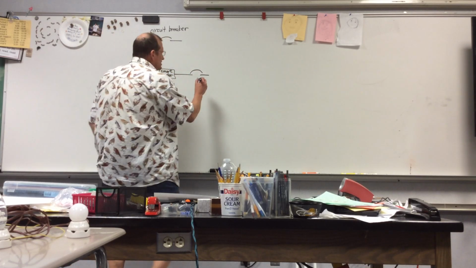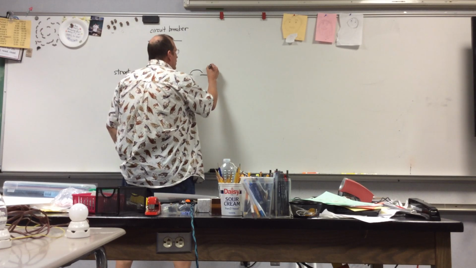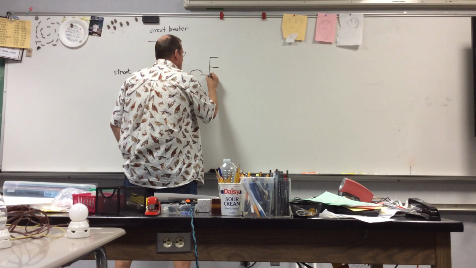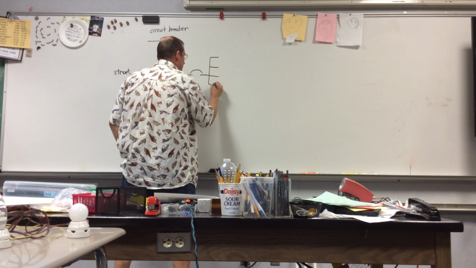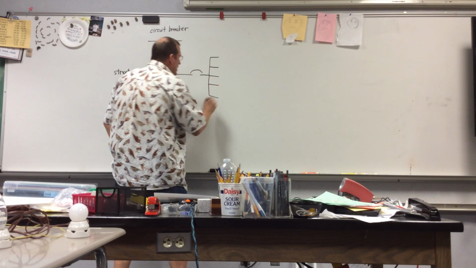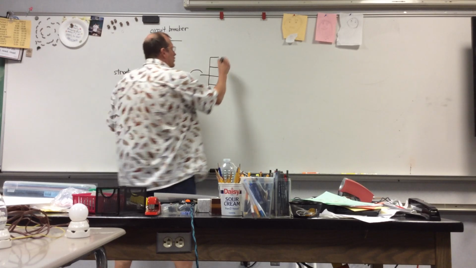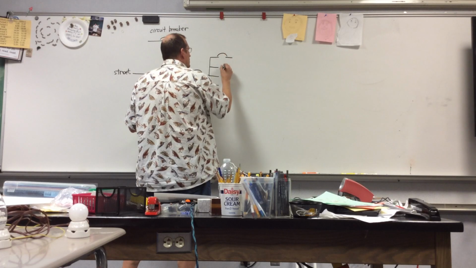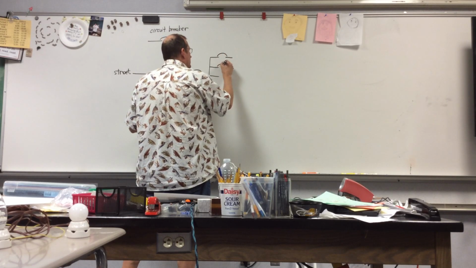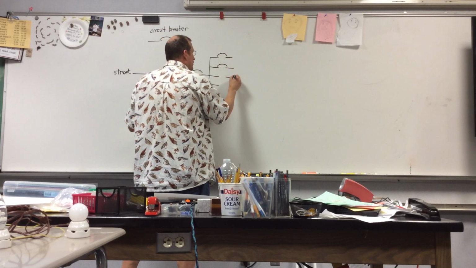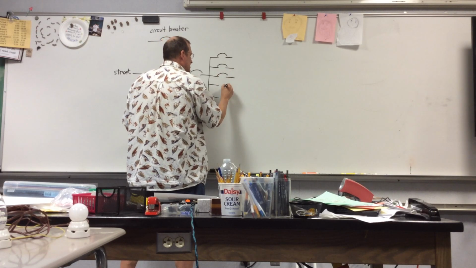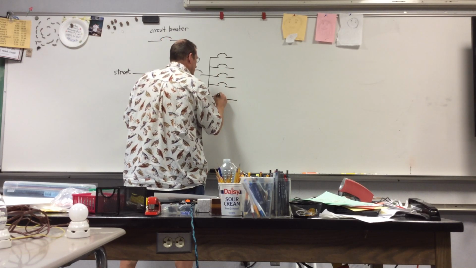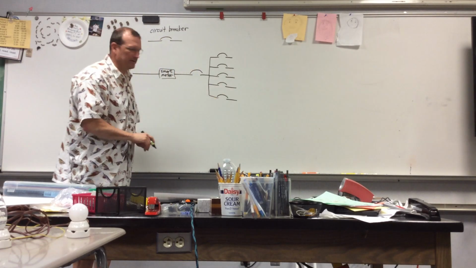And once it goes through there, what happens is, and I'm not going to draw tons of these, I'm just going to draw 5, you have a splitting of that current into individual circuit breakers that are the sub-switches in your breaker box. So we have this action going on.